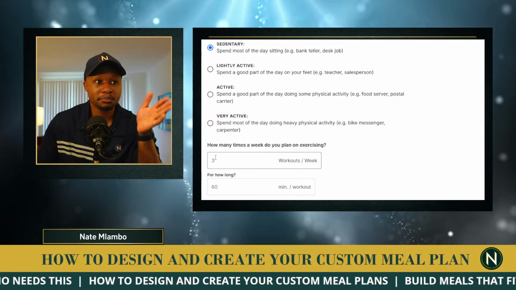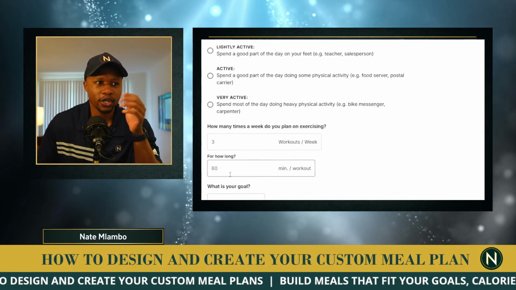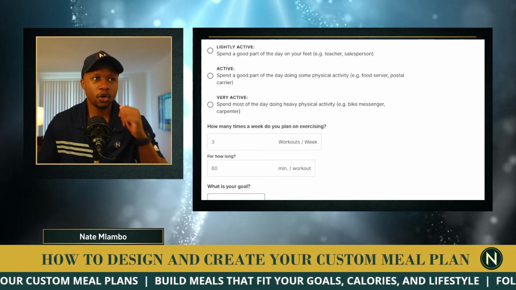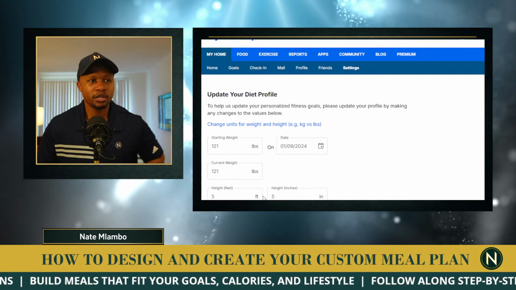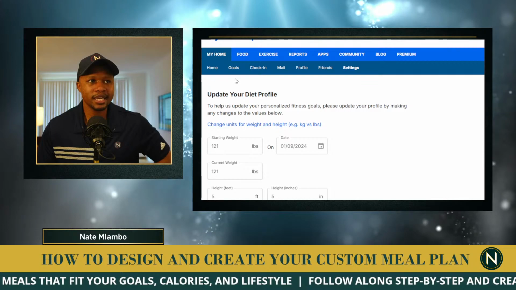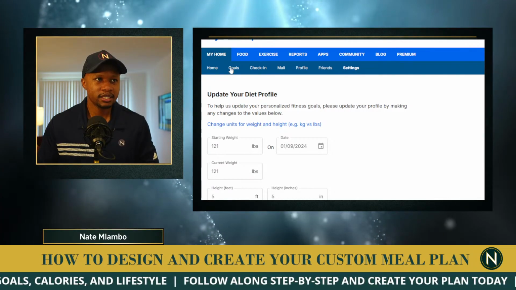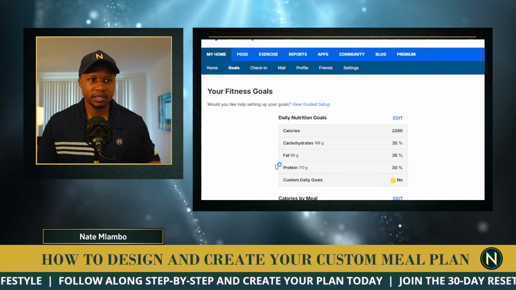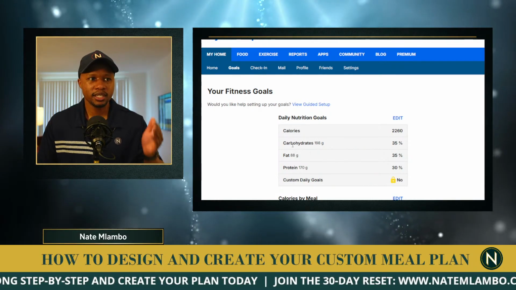And how many times per week are you planning on exercising and for how long? So that's what you'd put. And then what is your goal? So what we inputted on the phone, on MyFitnessPal on the phone, is still the same. So what we want to do now is match our meal plan and our recipes that we pick with the calories, with the macros.